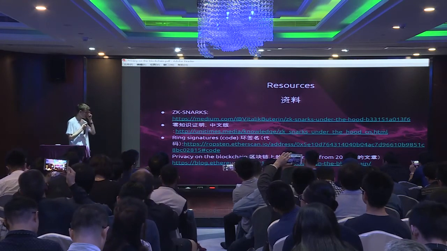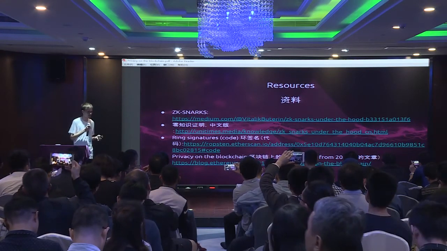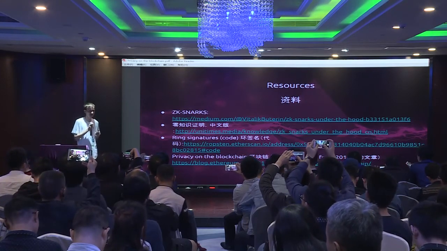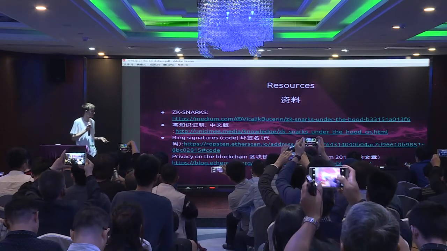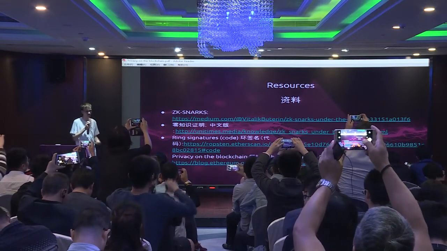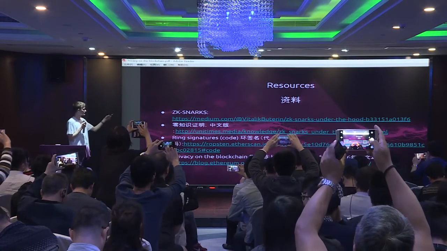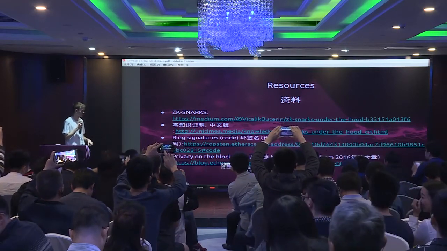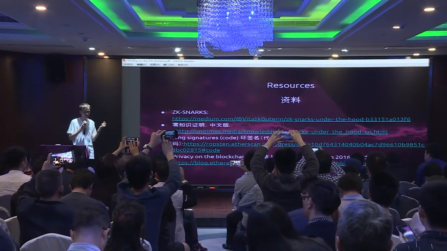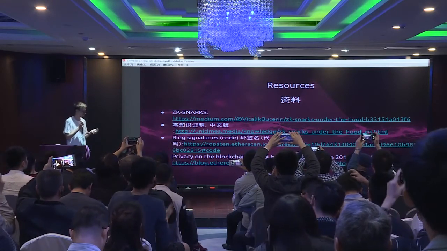The tools to build applications using any of these technologies are fairly publicly available. Over here you have the code for the ring signature contract. At the top you have some articles by myself explaining in a lot of detail how zero knowledge proofs work.